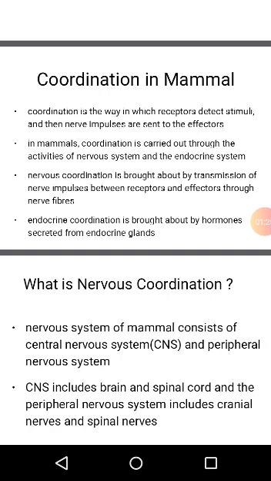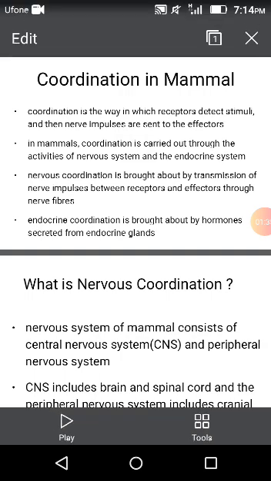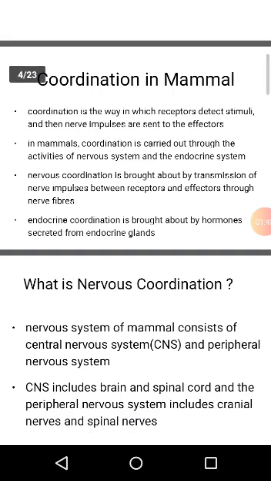So a stimulus is a change in the internal or external environment, a receptor is the sense organ which receives that stimulus, and effectors are the parts of the body which respond to it.